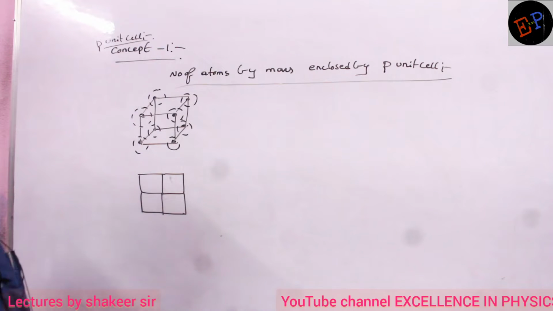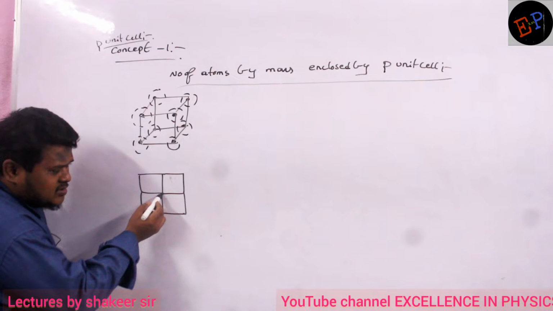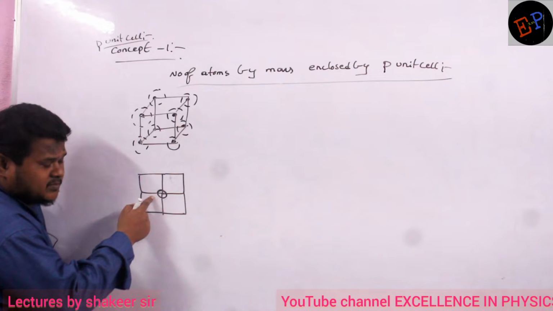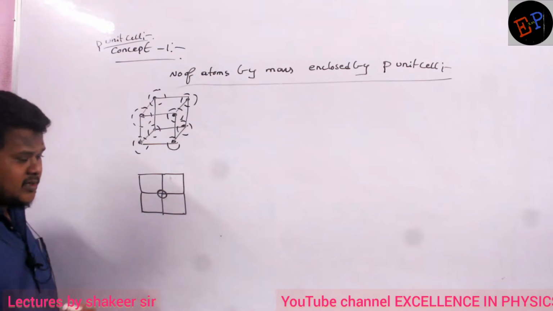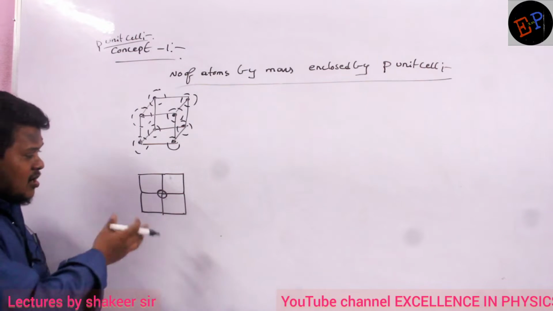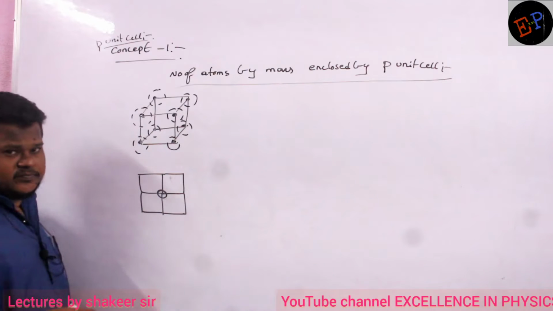4 unit cells are present. And at the corner there is one atom. This atom is touching all the 4 unit cells, no? But I can say that only half of the atom is touching those 4. On these primitive unit cells, again I can place 4 more unit cells, no?